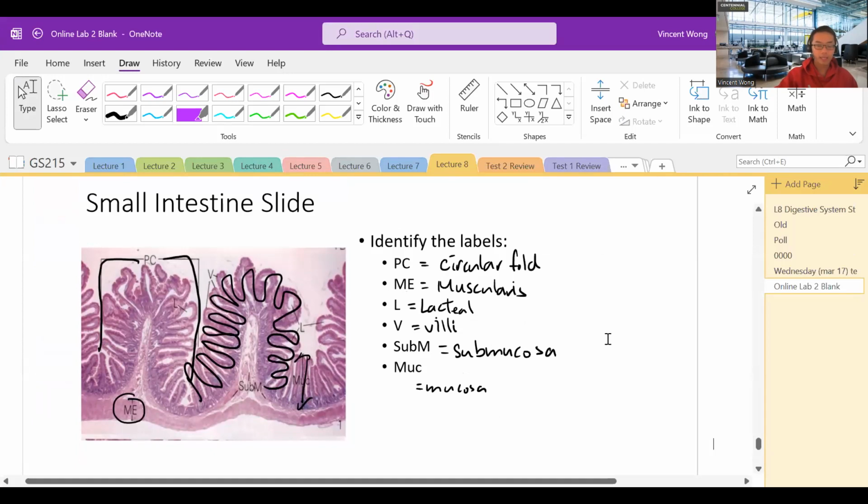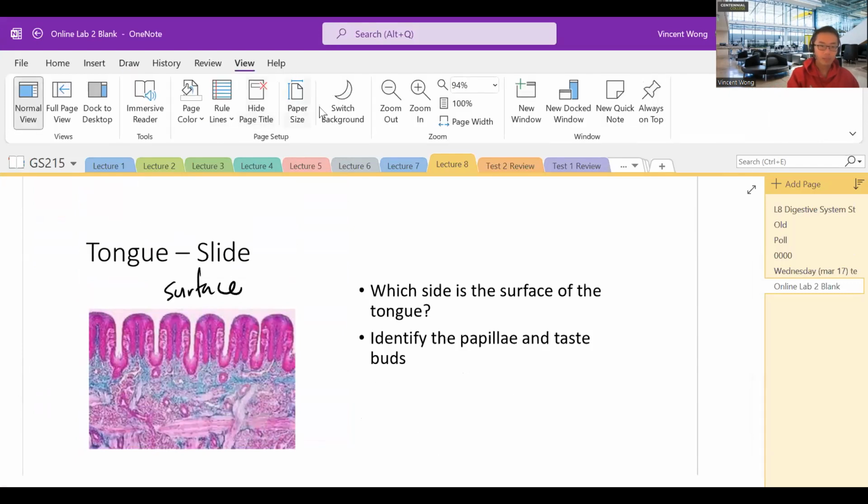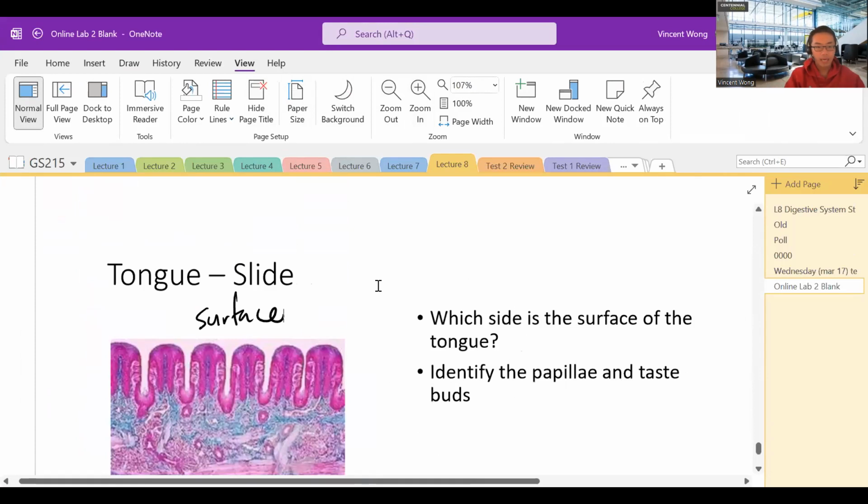Okay, the final slide. Which side is the surface of the tongue? This is the surface. You would know because it was in the PowerPoint. There is a diagram for that. And these little comb-looking things, each one of them is called a papilla.